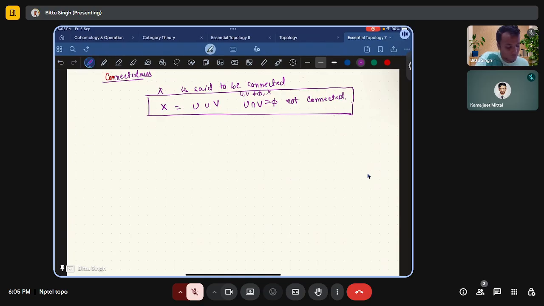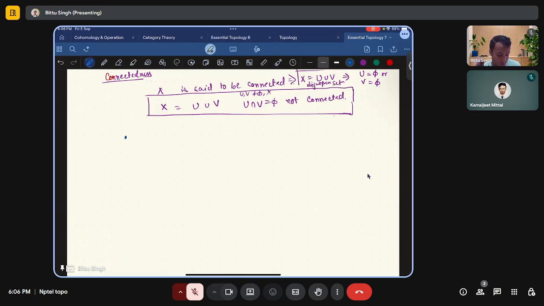That means if you try to write X as a disjoint union of two open sets, that will imply either U is empty or V is empty. Connected means this property. And if this is not satisfied by X, then X is said to be disconnected or not connected.